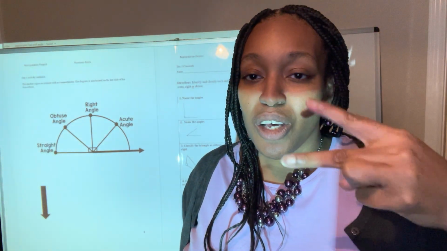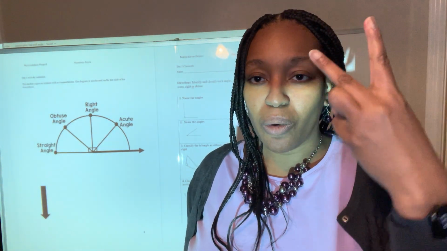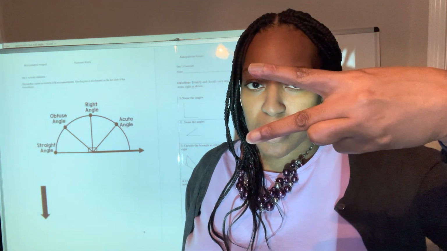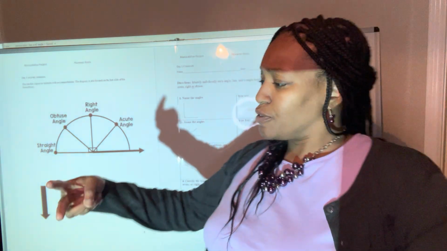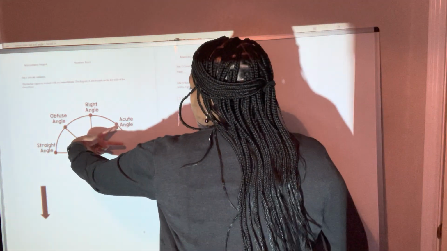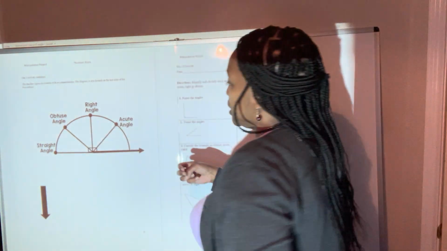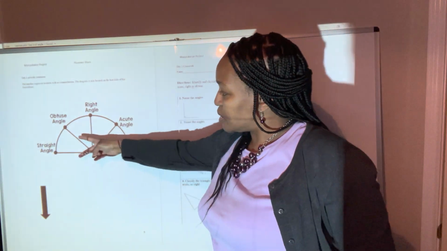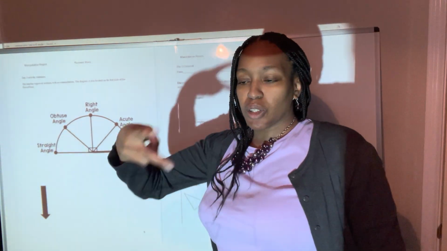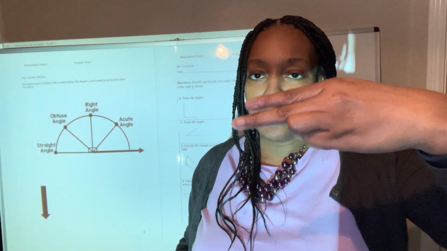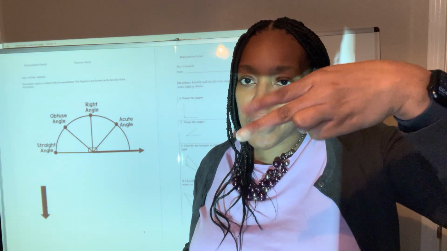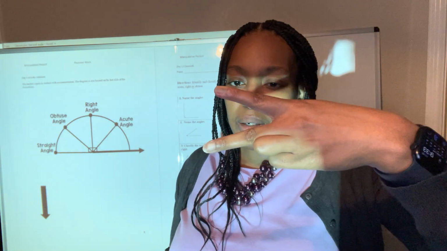So if you do the peace symbol or the sideways peace symbol, you can also think of it as scissors. And if you look at it, it matches our acute angle. Well, I'm doing it backwards, but it matches. Your acute angle will either be this way or this way. So just remember, the peace symbol or the sideways scissors is the acute angle.